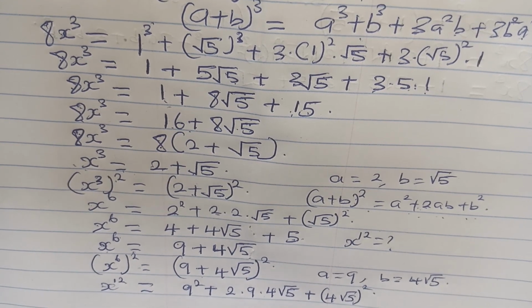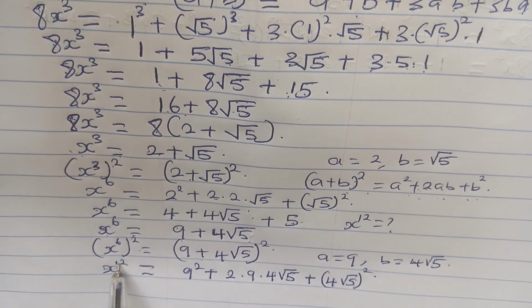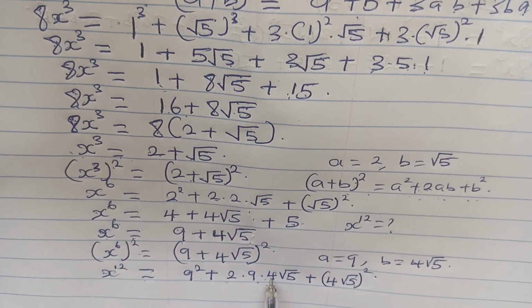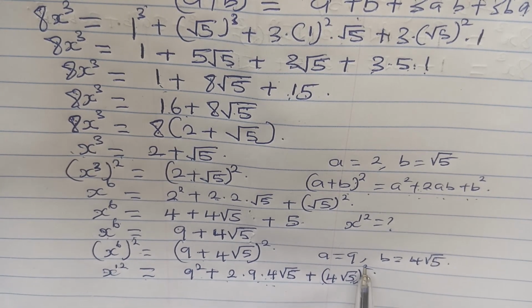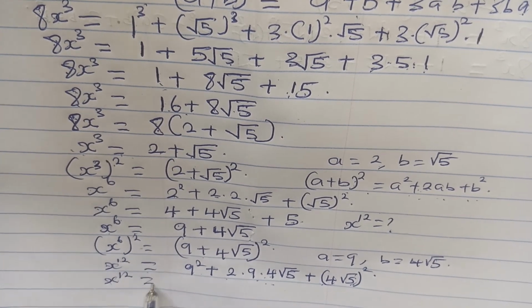So we are now having x to the power of 12 is equal to 9 squared plus 2 times 9 times 4 root 5 plus open bracket 4 root 5 close bracket all squared.